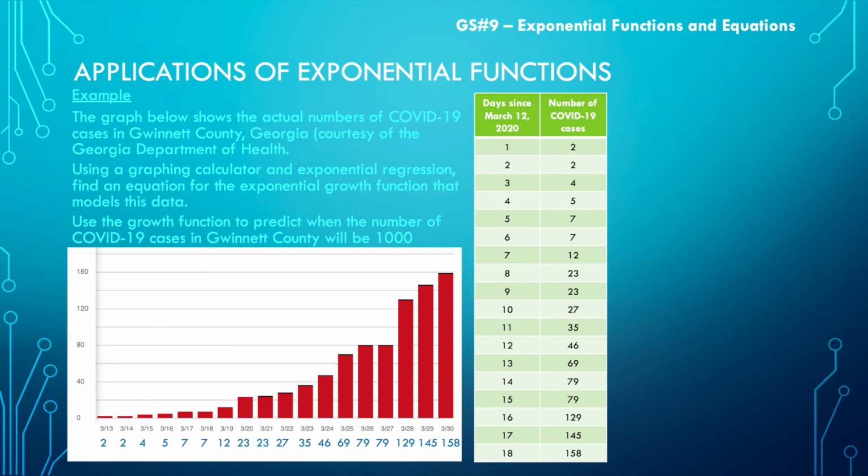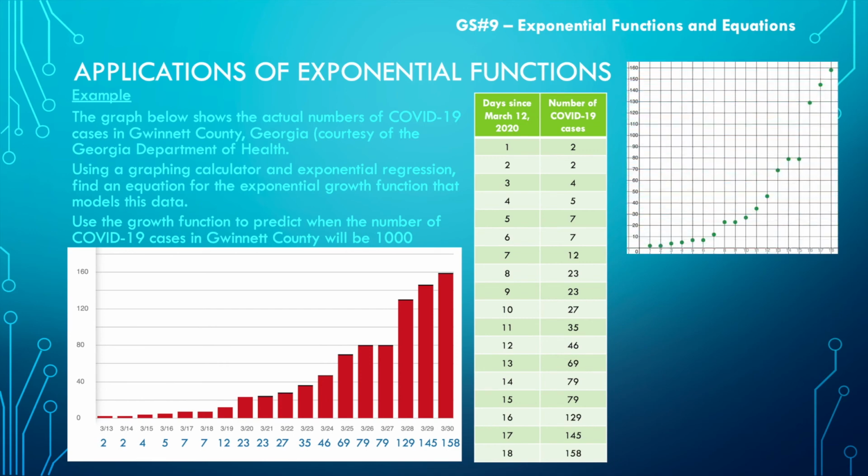And then you can look at a scatter plot of the data. Now I use Desmos just because it's easier for me to take pictures of what I'm doing on the computer. And so I used Desmos and I imported the table into Desmos, and it gave me this nice scatter plot of the data. And then we're going to use an exponential regression.